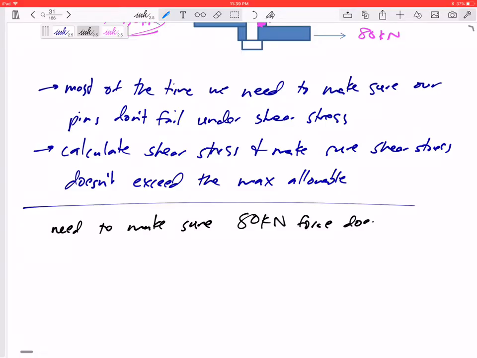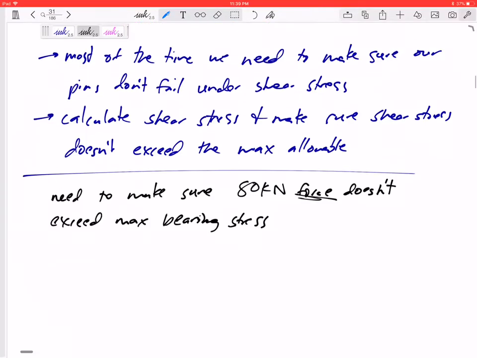So, need to make sure that 80 or whatever force we have at the pin doesn't exceed the maximum bearing stress. Okay, so we need to make sure that 80 kilonewton force doesn't exceed the maximum bearing stress. Well, that's a force, but we need to make sure it doesn't exceed a stress.